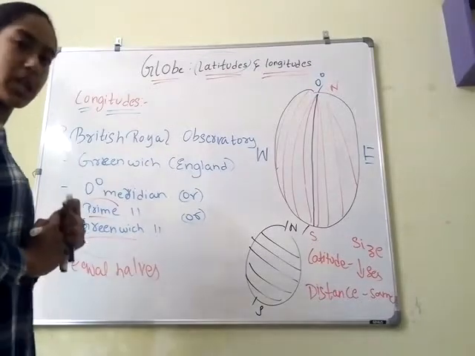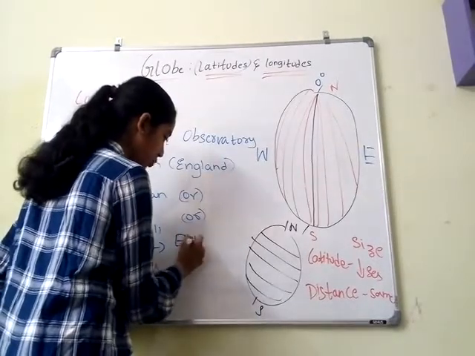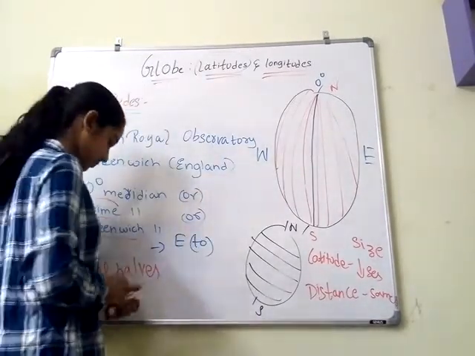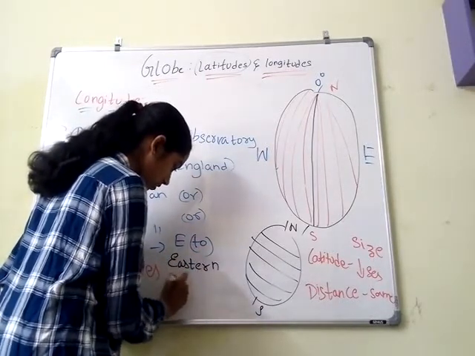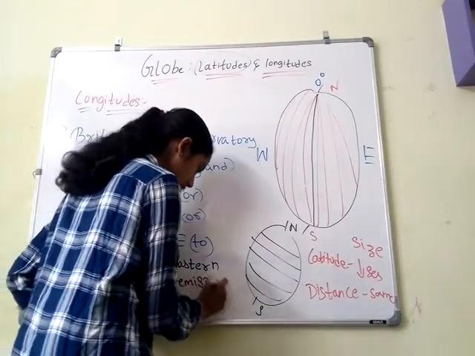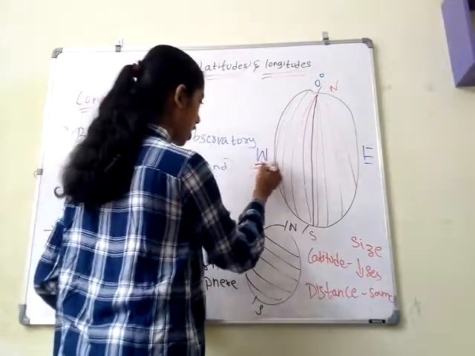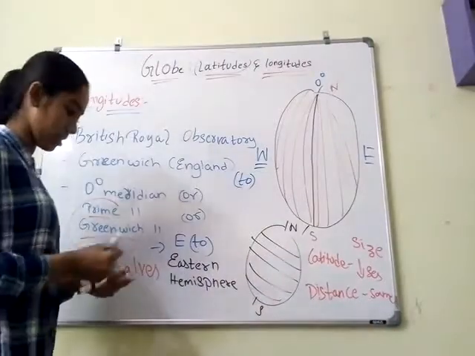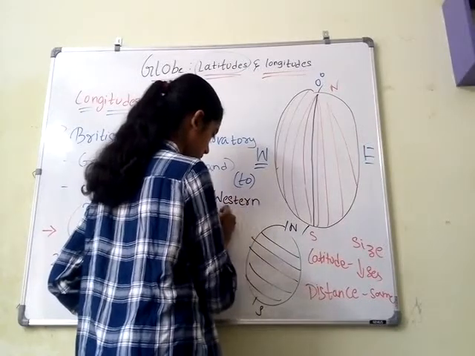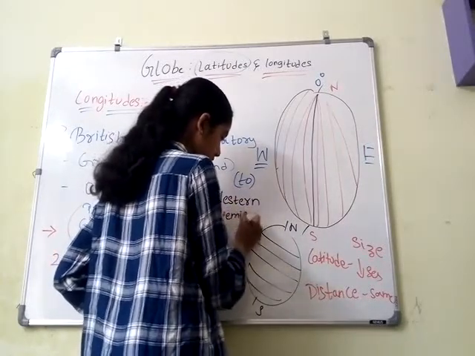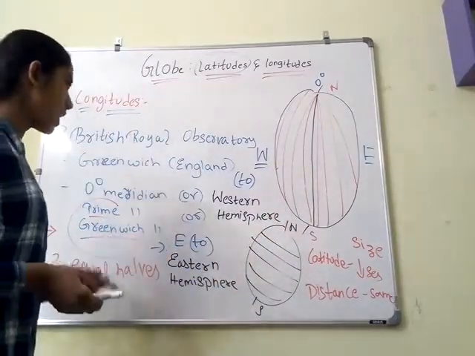The half towards the east forms the eastern hemisphere, and then the half towards the west forms the western hemisphere.